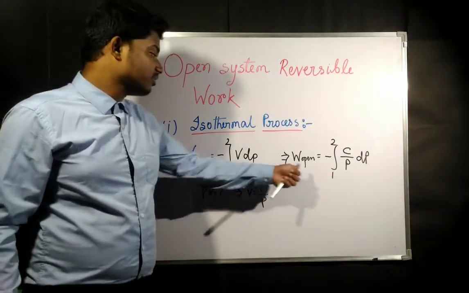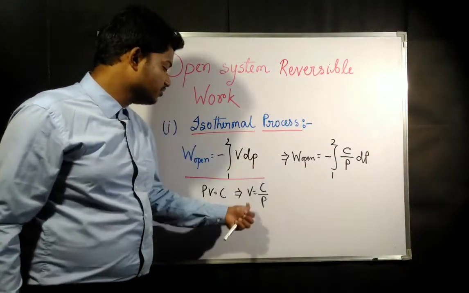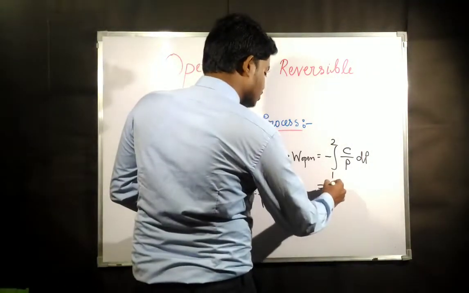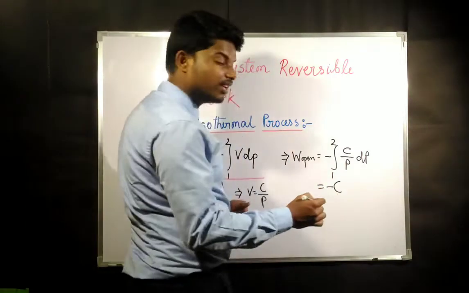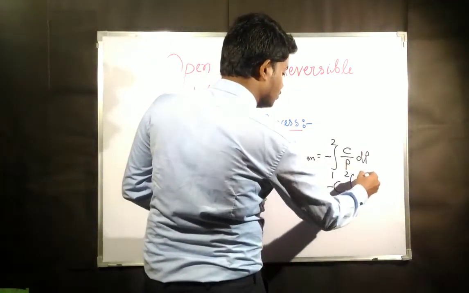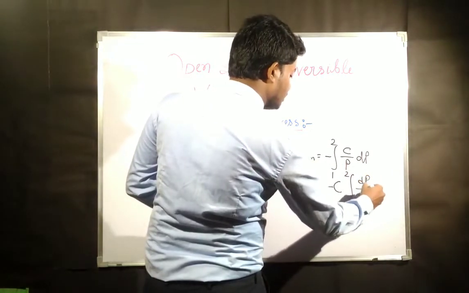We have just replaced V. Since C is constant, C comes out of the integration, and inside the integration it is 1 to 2 dP by P.